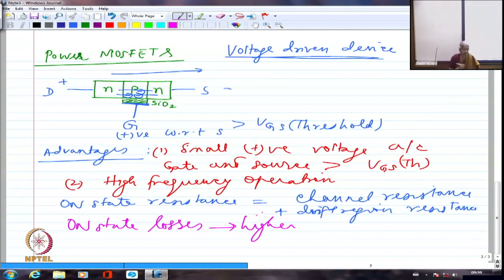And one more disadvantage, so this is one of the disadvantages. As it is, if you look at the entire device, it is working on capacitive principle. So by chance, in winter you must have seen that we also have some static, the clothes stick to each other and things like that.